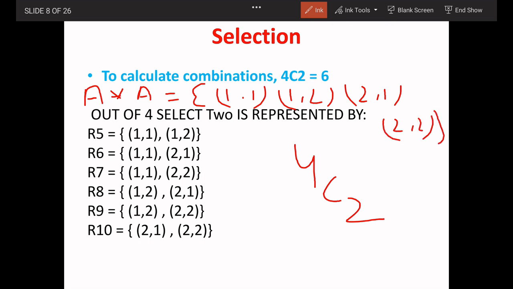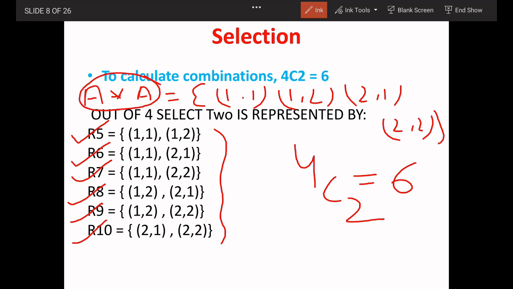The user takes any 2 out of 4, then any other 2, and so on. When you solve it, you get 6. So there are a total of 6 cases if you select 2 from A cross A. Out of 4, if you select 2, such cases are total 6.